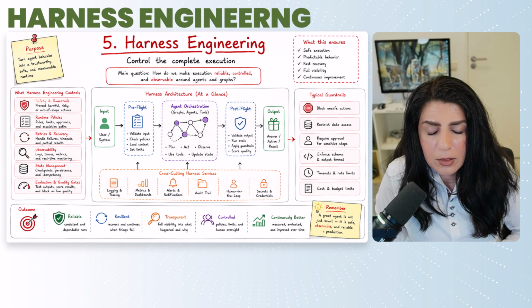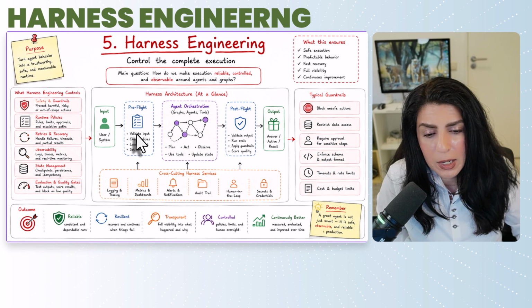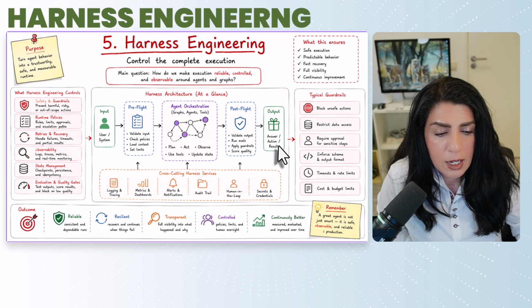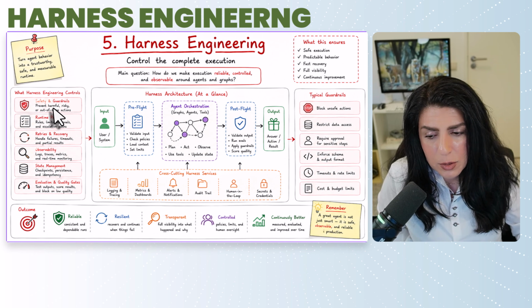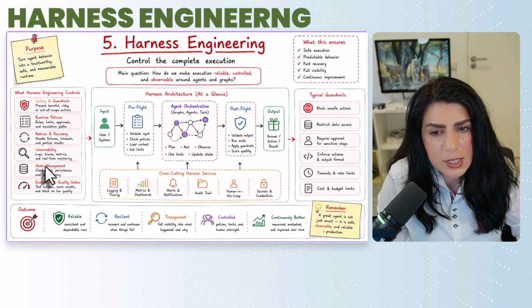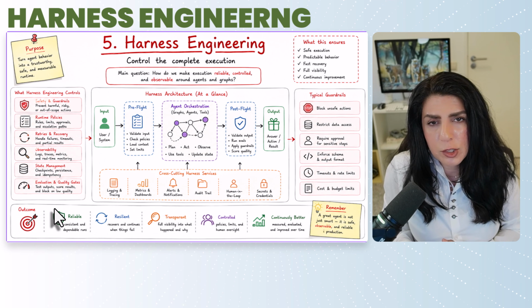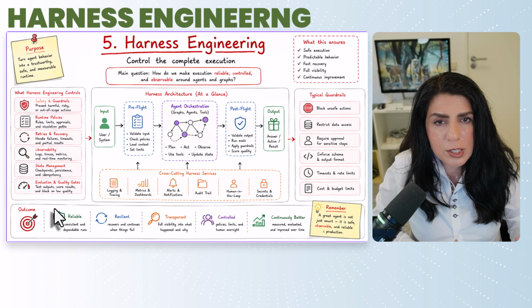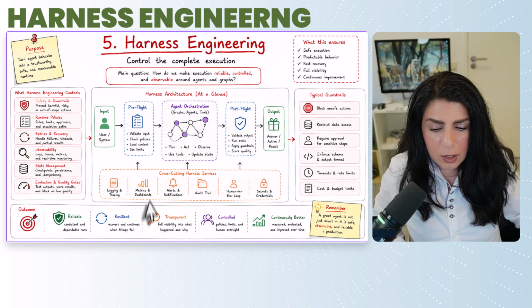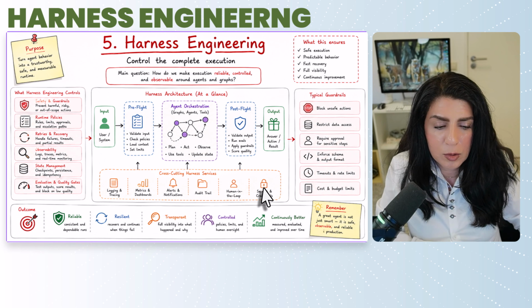So harness is about getting an input, having some pre-flight, some validation, agent orchestration, post-flight, so again some validations, and then giving that answer. So we have all of these runtime policies, retries, observability, state management, everything that we have built up from context engineering and above, around execution, just adding logging and metrics and dashboards and alerts and audits and human in the loop and secrets.